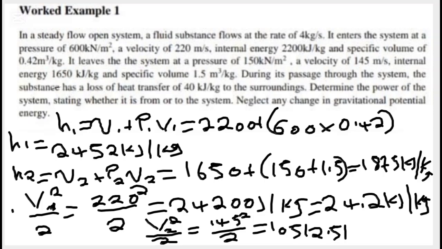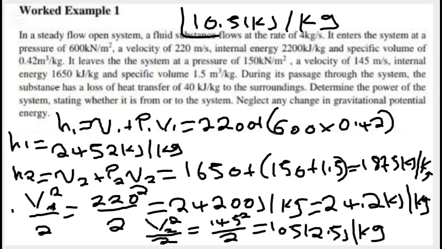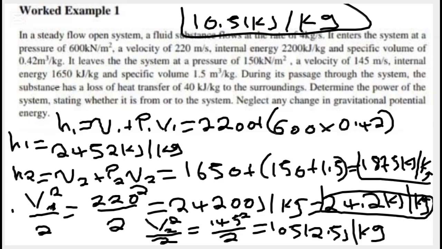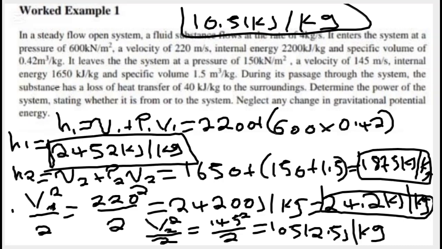Okay, sorry, I have joule per kg, but I have to convert it to kilojoule per kg. So after converting, it will now become 10.51 kilojoule per kg. So you have to take note of this, and this, and this, and this, because we are going to substitute in our general formula that we have.